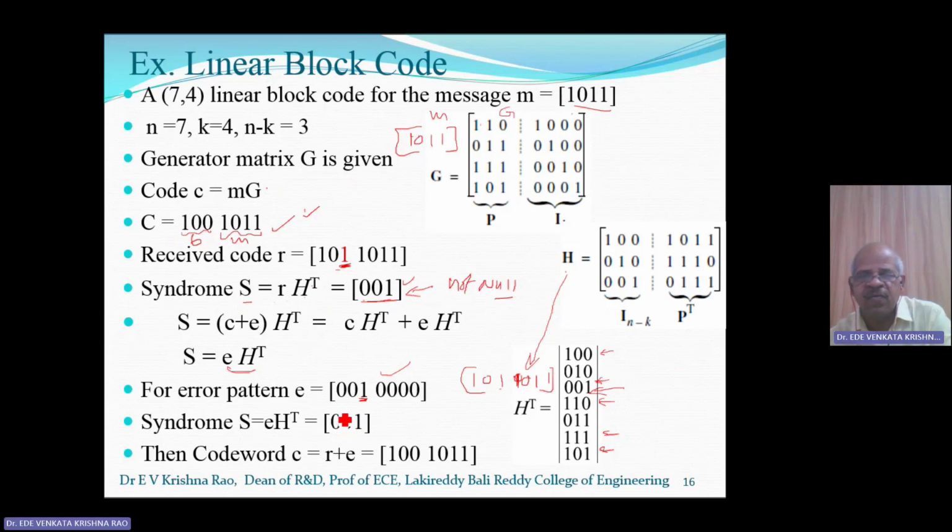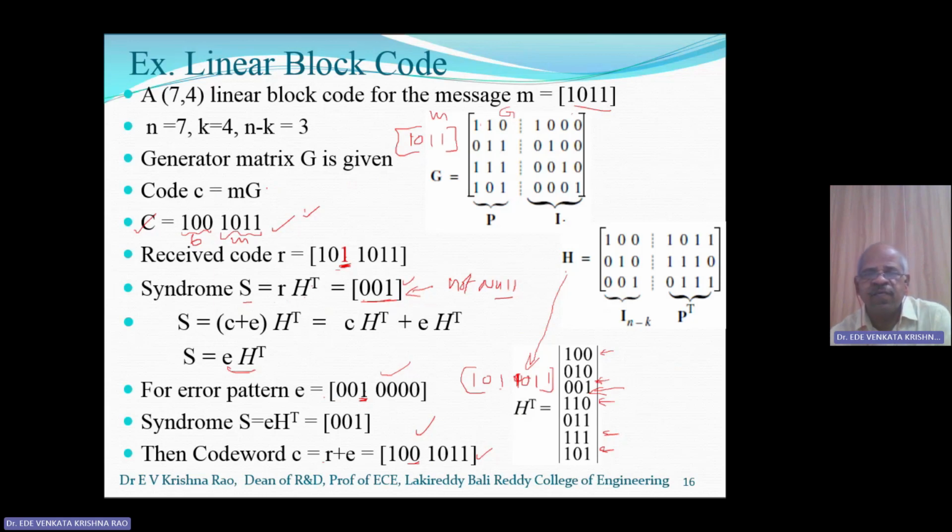Then we add this error pattern to the received code word, R plus E. So 1 plus 1 becomes 0. We get the code word which was transmitted, after correcting this error: 1 0 0 1 0 1 1, which is the same as the transmitted code word.